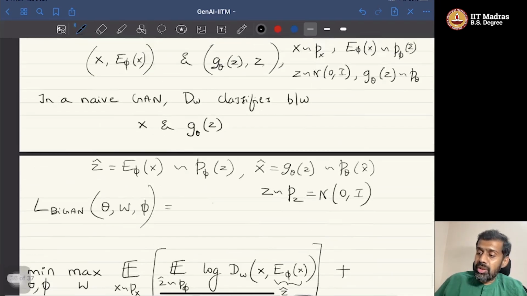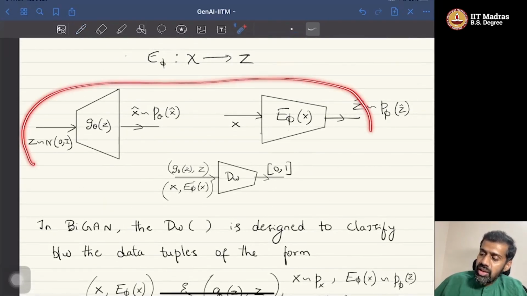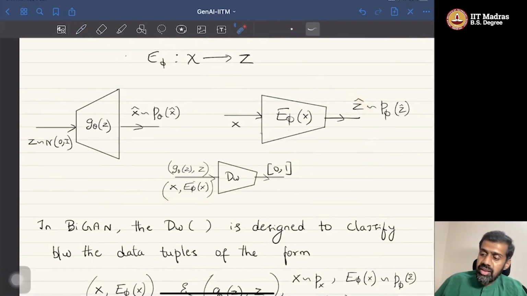So now what happens, if you remember how the GAN was trained, here all three networks are trained simultaneously, in the sense that we start from sampling a particular z, and then pass it through the generator, you get x cap.